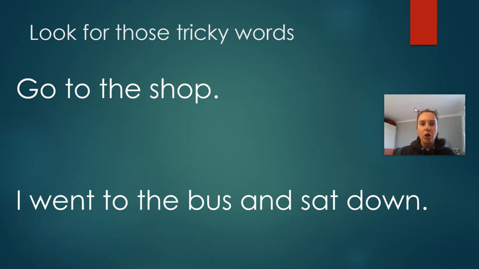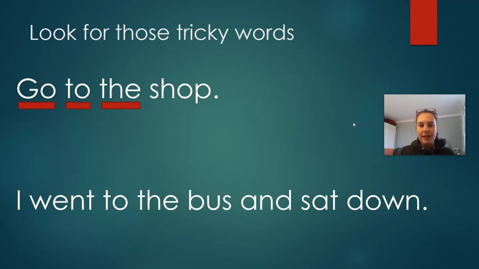It says, go to the shop. Let's see if we can spot those tricky words. We've got go. That's a tricky word. Can you spot the next one? To is the next one. And finally, the. So go, to and the are the tricky words in that sentence.